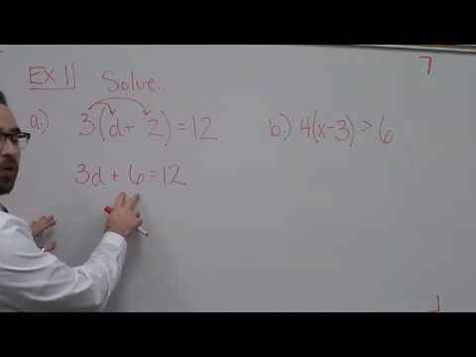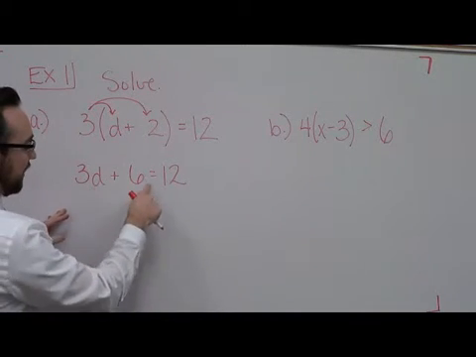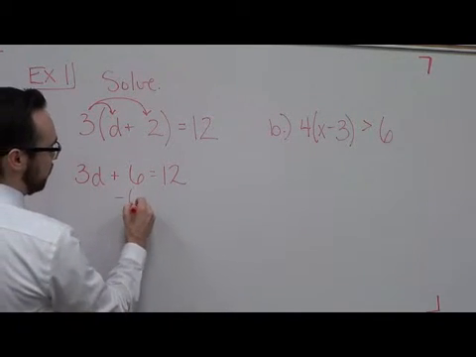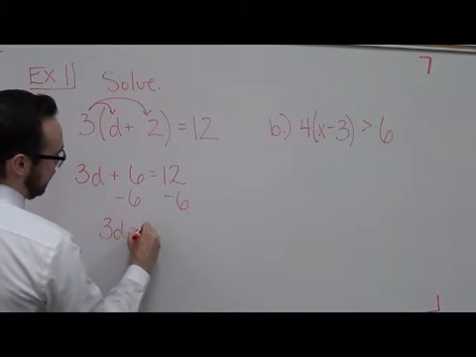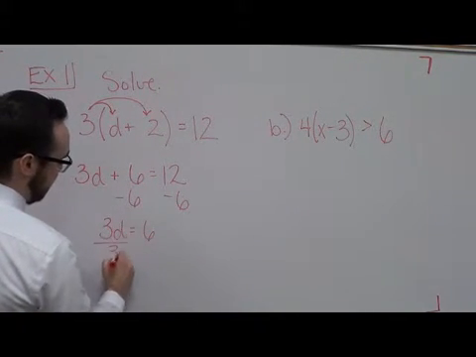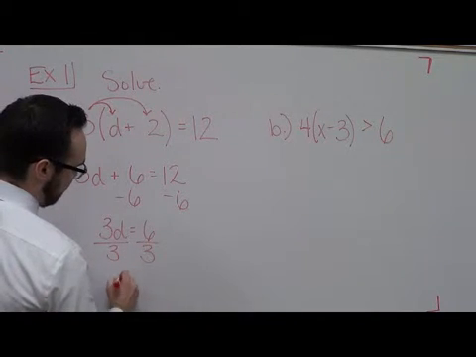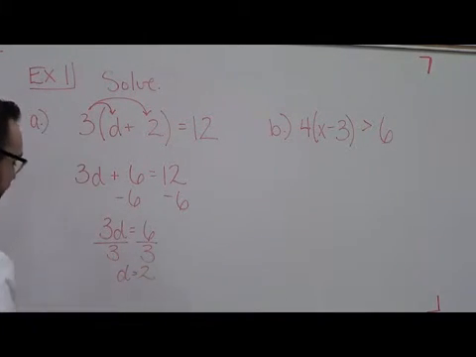So now remember, when you go backwards of the equation, we add and subtract first. So I'm going to subtract 6. So I end up with 3d is equal to 6. And then I divide by 3, and we get d is equal to 2. So that's that answer. So those are the ones we've done before, so that's nothing new.